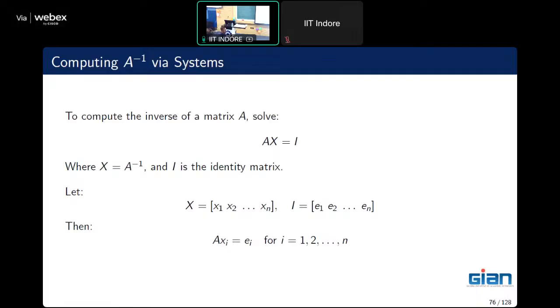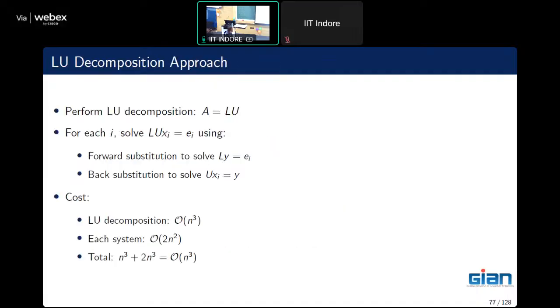It is exactly what you did previously for Ax equal to b. And for this Axi equal to Ei, with Ei having 1 in the ith entry and the rest 0, you calculate the LU decomposition, A equal to LU.